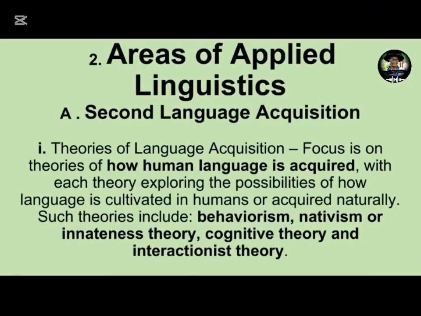Such theories will include behaviorism, nativism or innateness theory, cognitive theory, and interactionist theory. If time permits us, we'll also look at a few contemporary theories in addition to these traditional theories.